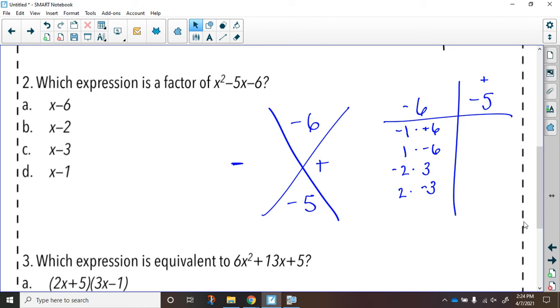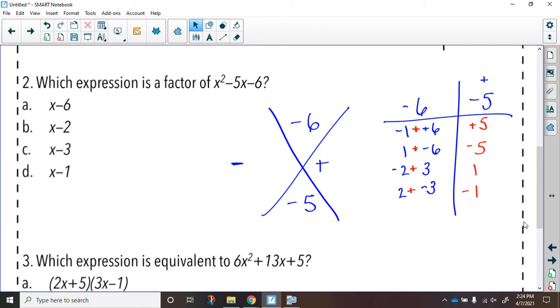Now, let's add them together to see which gives me a negative 5. So I'm going to change all of my multiplication symbols to a plus sign, and we're going to add. So negative 1 plus 6 is positive 5. 1 plus negative 6 is negative 5. Negative 2 plus 3 is 1, and then finally negative 1.